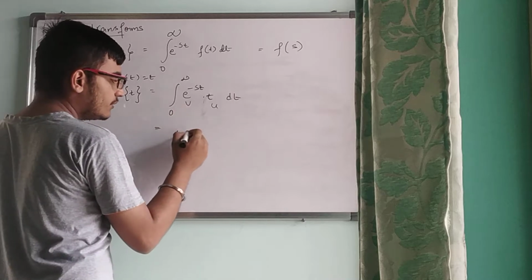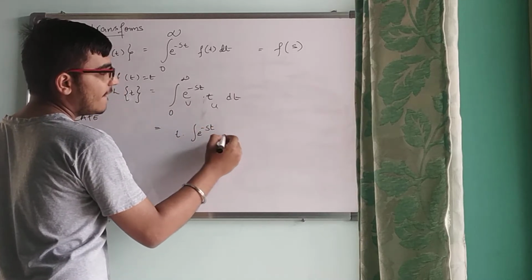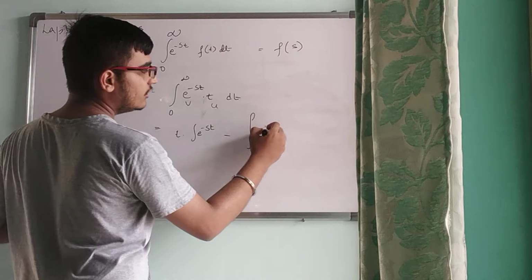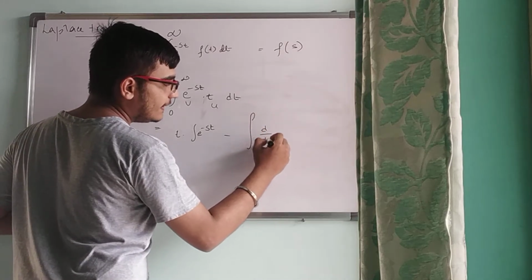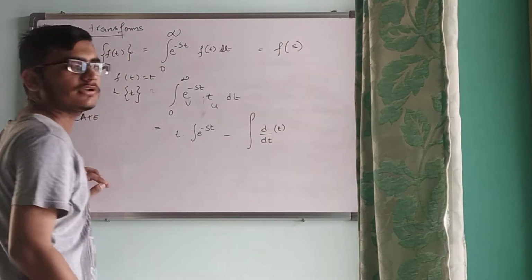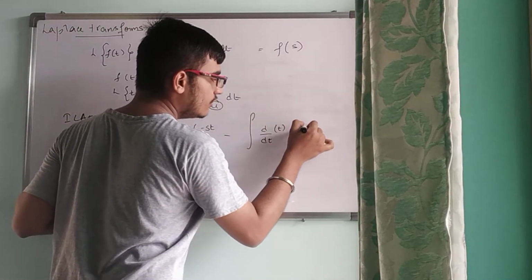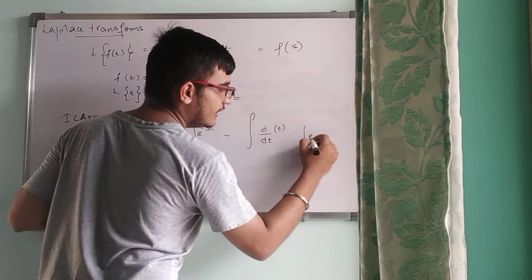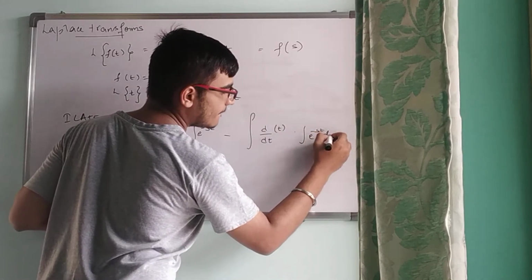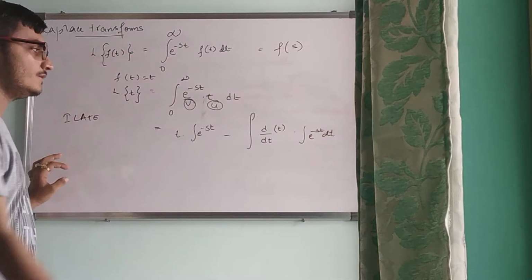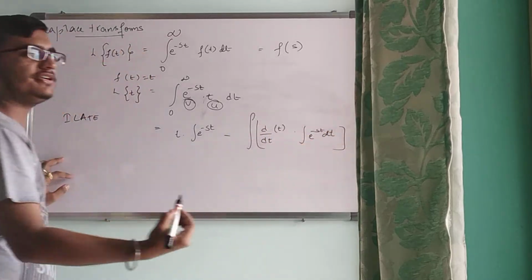U into integral v minus integral of du by dt into integral v dt. Right? This is the integration by parts formula.